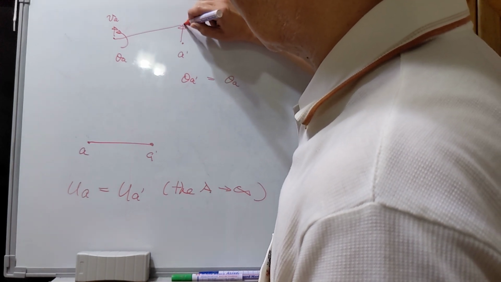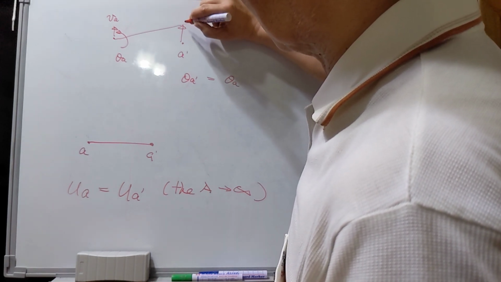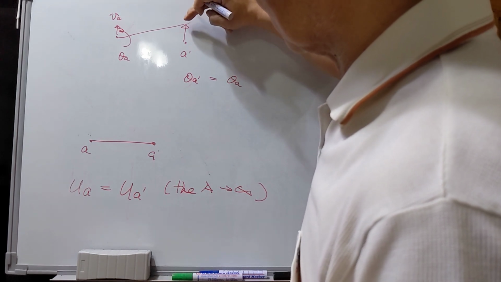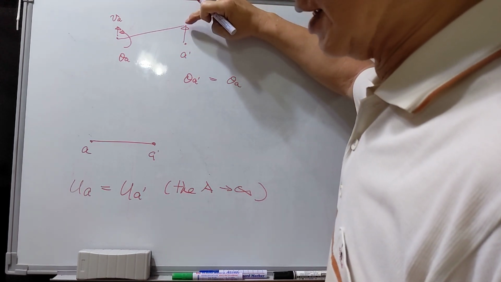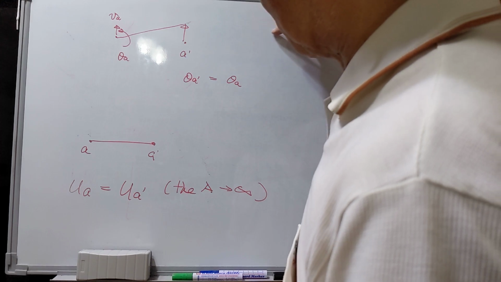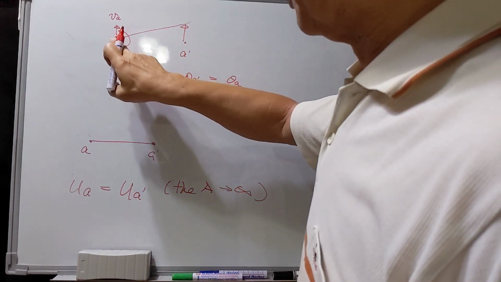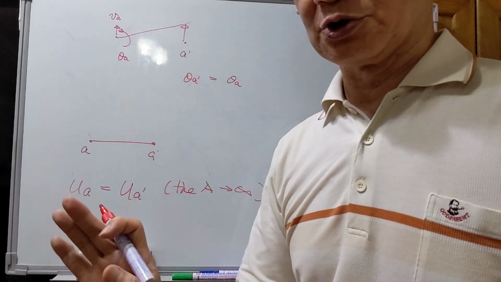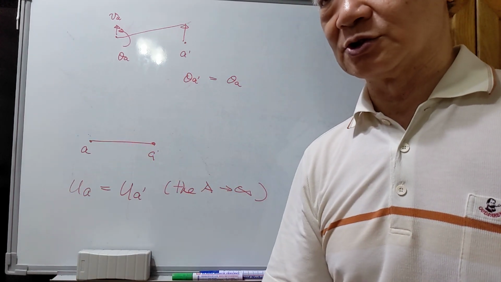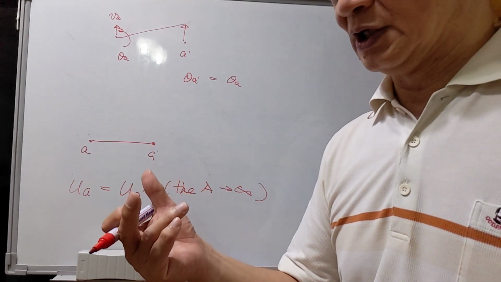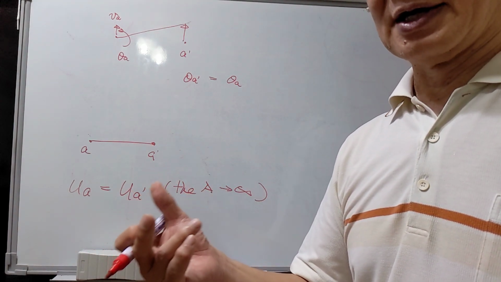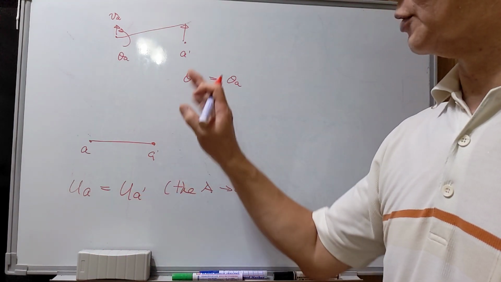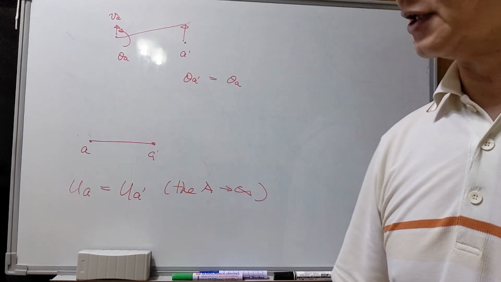Initially the theta A prime is also true for the left end. However, we could have a change of theta, but from point A to point A prime, theta will not be changed since we have assumed I approaches infinity.